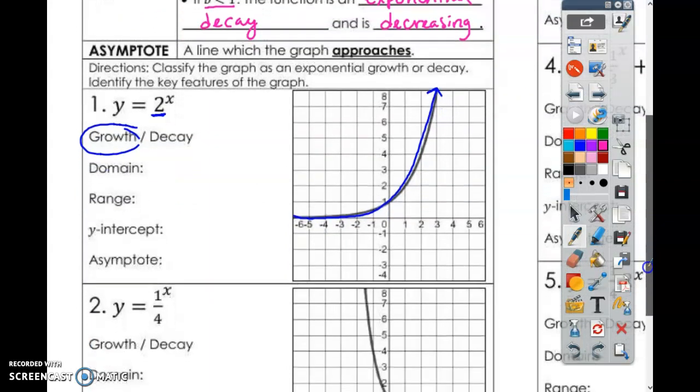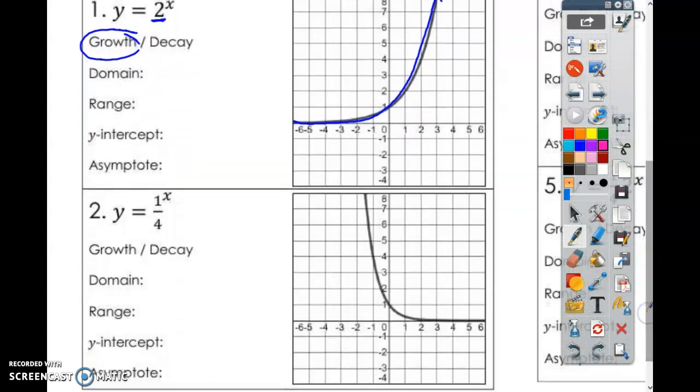I'll go back up in a little bit. But problem number 2, this is the b, the one with the exponent. It's less than 1, and the graph is decreasing. It's going down, so that's called a decay. This is a growth up here, number 1. This is a decay. So circle decay for problem number 2.